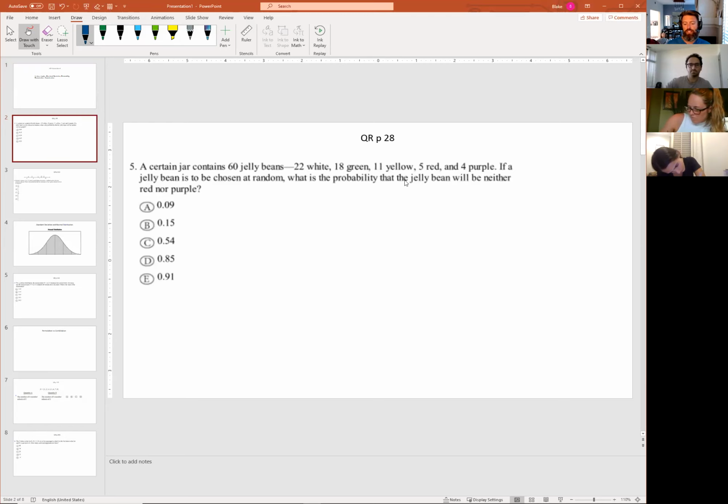So the first one here, this is page 28 in the workbook. So let's start with this. This is a probability question. Number 5 on page 28.